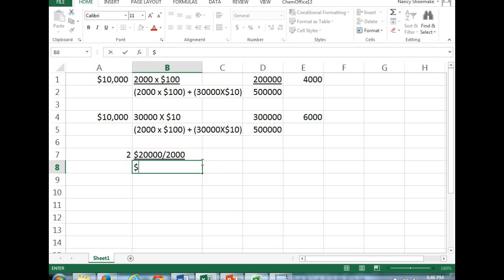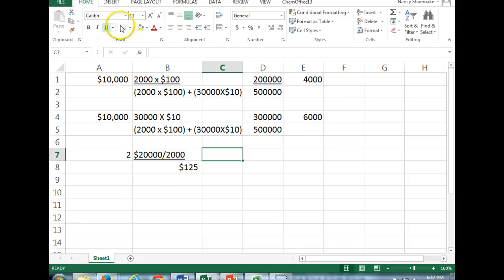So $20,000 divided by 2,000 shares gives us the dividend per share, divided by the market value. What's that going to equal? $10 divided by 125, and that's 8% there.